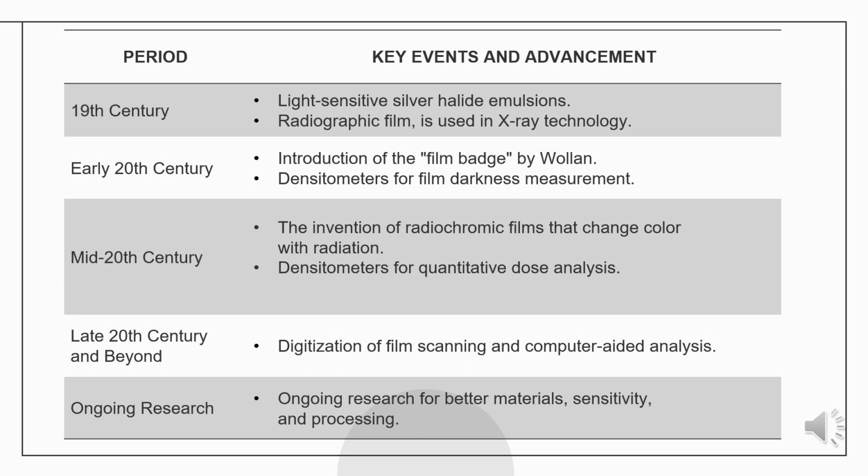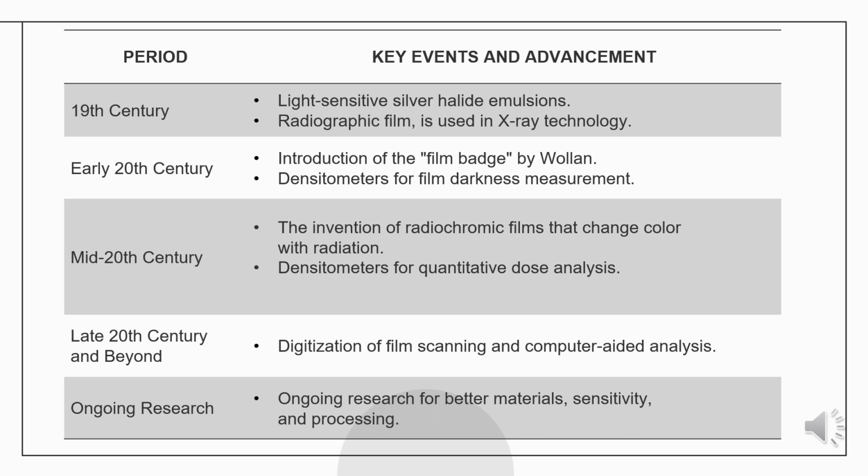For an overview, we can look into the historical development of film dosimetry. In the 19th century, light-sensitive silver halide emulsion and radiographic film, which were used in X-ray technology, were invented in that period.